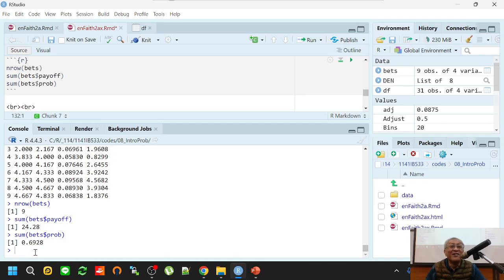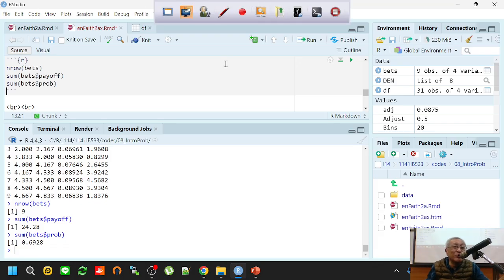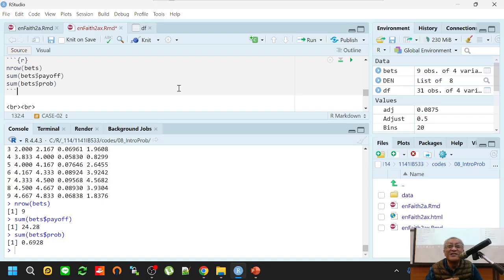It's about 70% of the time you will win the trial, and you will lose 30% of the time. Get it? Okay. So this is the way to handle the business scenario that we just expressed.